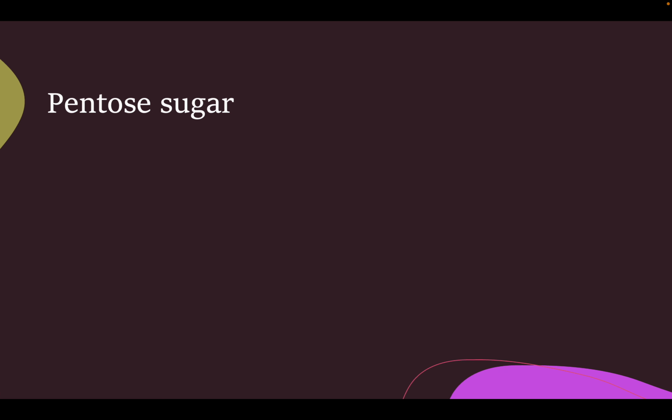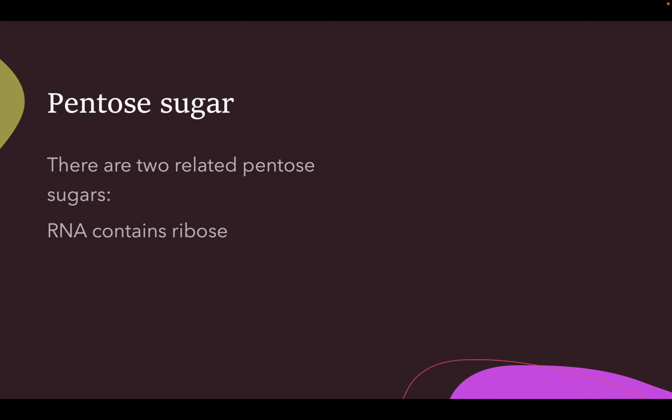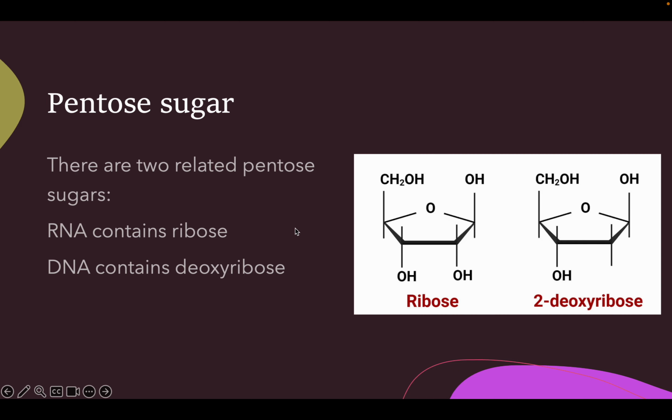And then what is a pentose sugar? So as I have already talked about, there are basically two types of pentose sugar in nucleic acid. The RNA contains the ribose sugar and the DNA contains the deoxyribose sugar. So here you can see this ring, right, with the first prime carbon being this one, and then we have the five carbon sugar chain, and here you can see the difference between ribose and deoxyribose is the presence of this hydroxyl group.